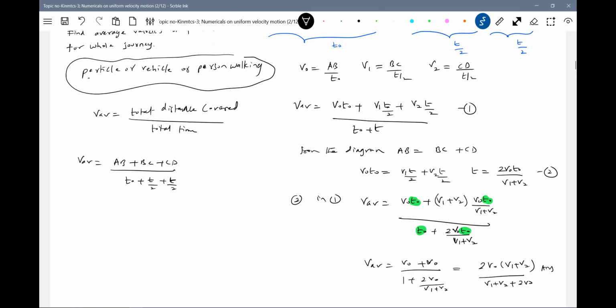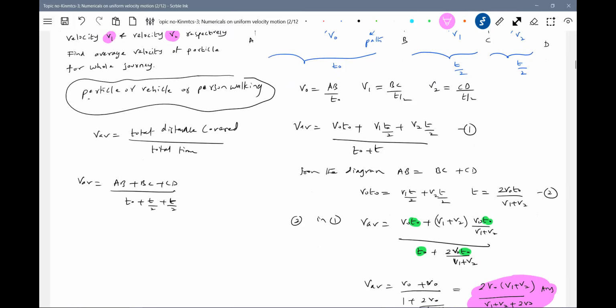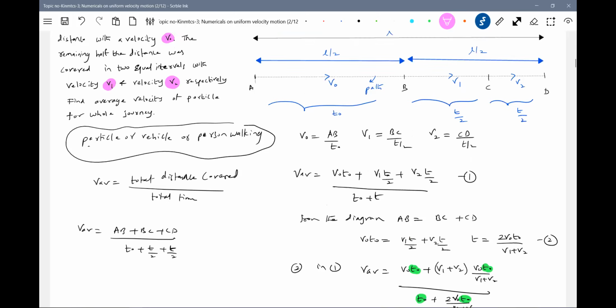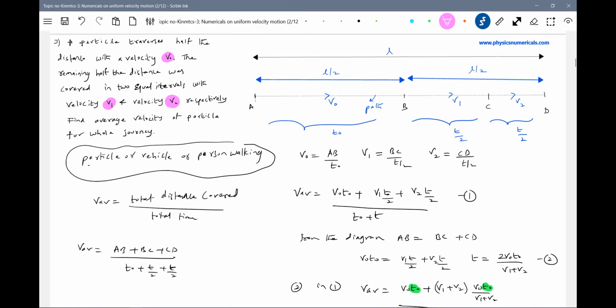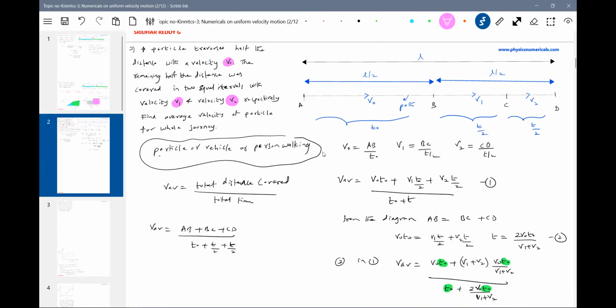Okay, this will be your answer. If you want, you can draw the graph also, but it may not be needed. I'll show the complete problem. You can view it once.